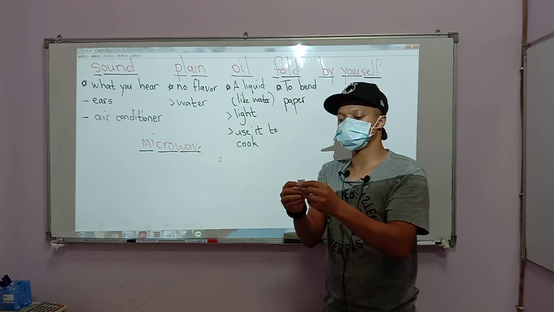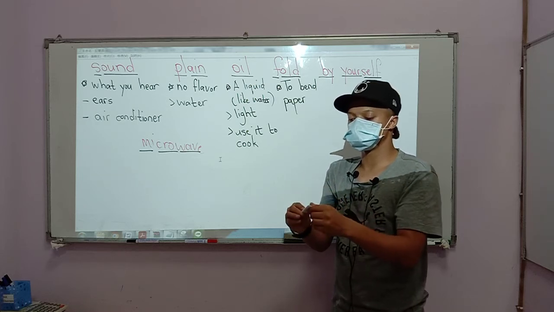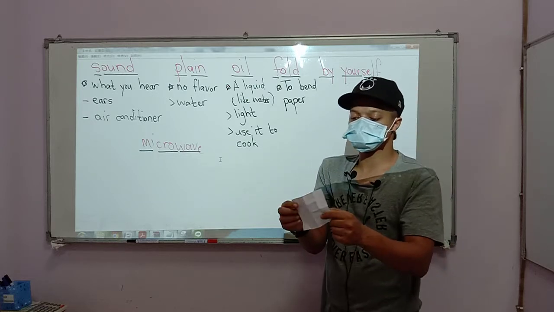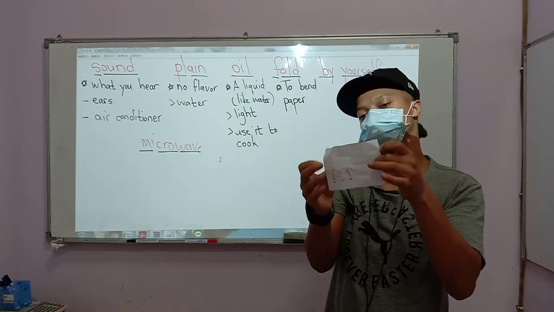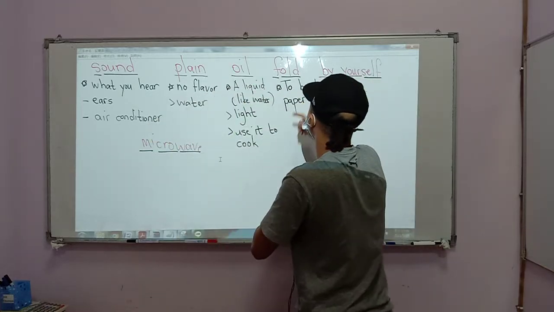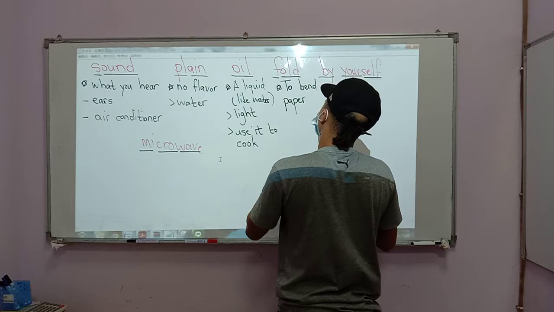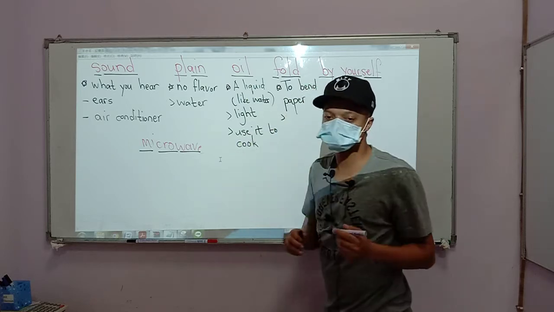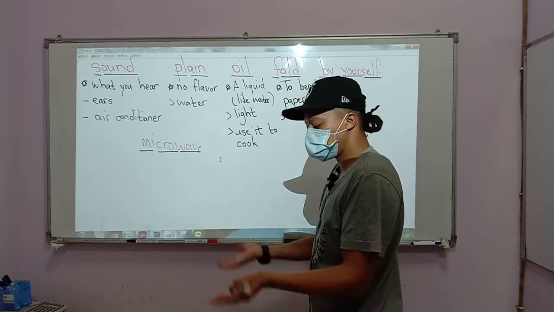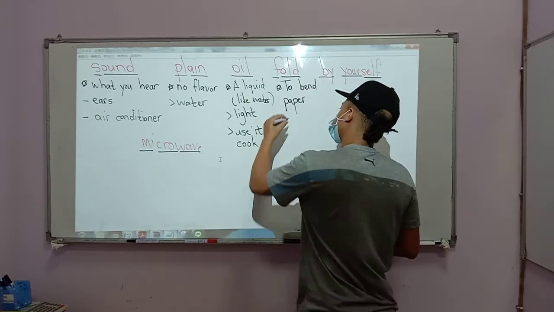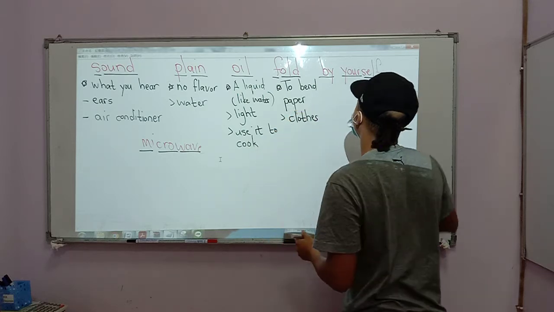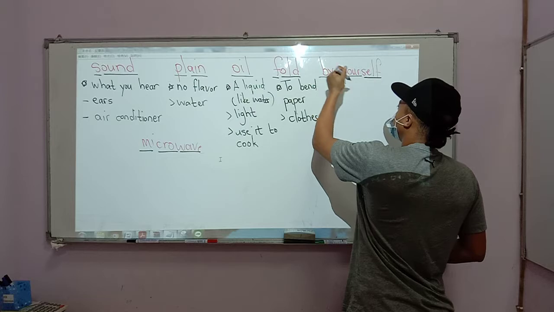So this is basically folding papers, and when you are finished with folding, you will see some lines in your papers. I'm not sure if you guys can see the lines. Alright, so that's what it is. So we can bend paper, so you can fold paper. You can also fold your clothes. After you wash it, you need to fold your clothes. So fold clothes.